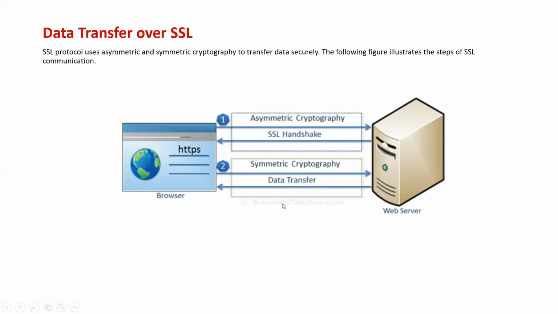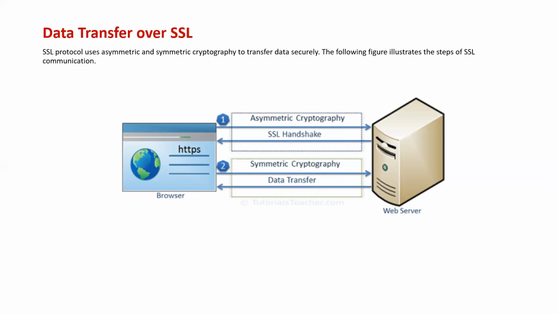When it comes to data transfer, the client and the server now use a shared session key to encrypt and decrypt the actual data. This is done using the same session key at both ends, so it is symmetric cryptography. The actual data transfer in SSL uses symmetric cryptography because it consumes less CPU compared with asymmetric cryptography. Thus, SSL fundamentally works using both asymmetric and symmetric cryptography.